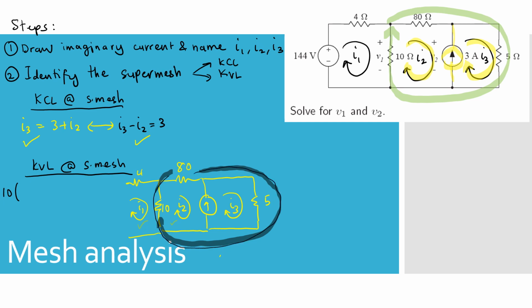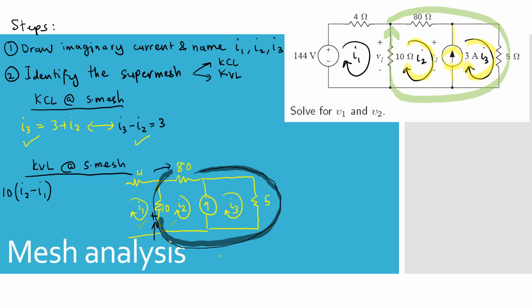So you have I2 minus the one that the 10 ohms shares with, minus I1. Then we have 10 into I2 minus I1 as positive, because we follow passive sign convention, which tells you that entering current should have a plus sign. So that's why you have 10 into I2 minus I1.